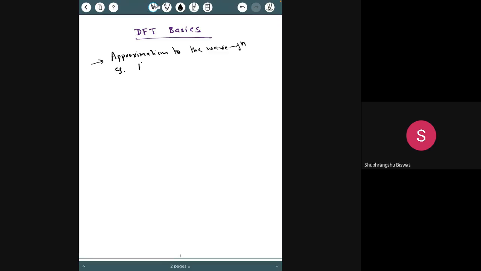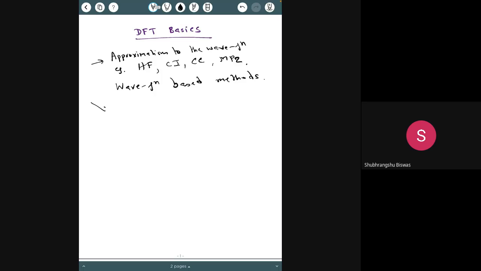So for example, Hartree-Fock, CI, CC, MP2. Okay. So these are all called wave function based methods. So you try to guess what the wave function should look like.